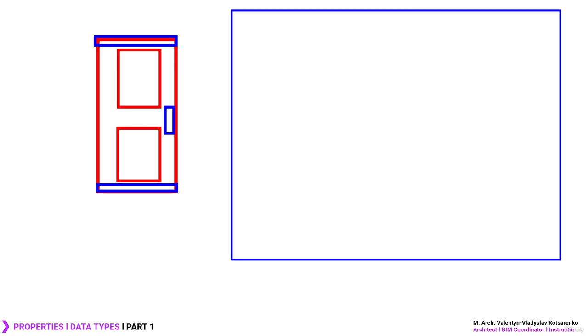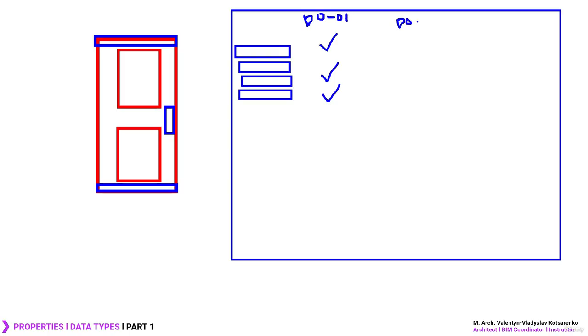So in a door schedule or door table or door index, however you want to call it, we usually make a general description. It has this accessory, accessory 2, accessory 3, accessory 4, and then we only got check marks for all types of doors. So let's say you got door number 1 over here, door number 2 over here, and door number 3.